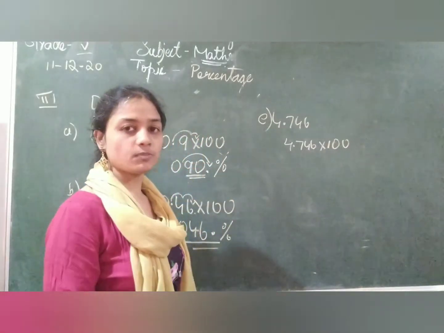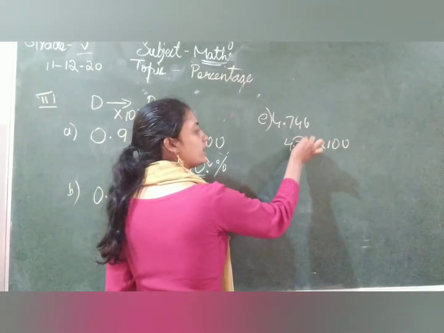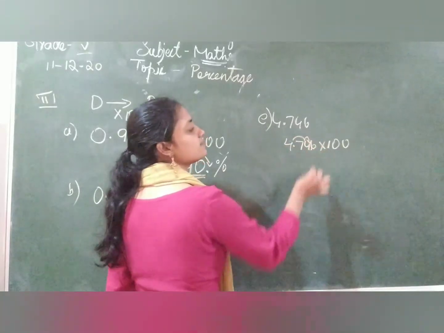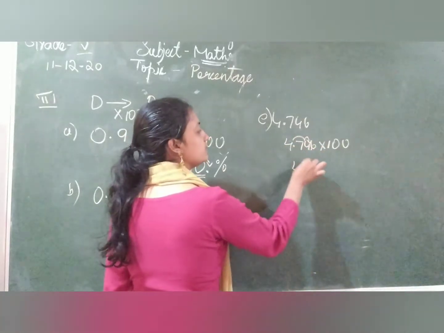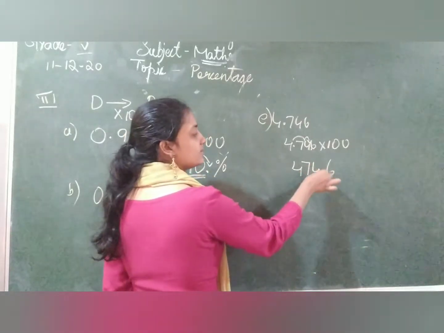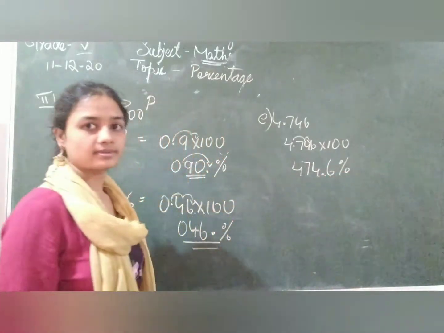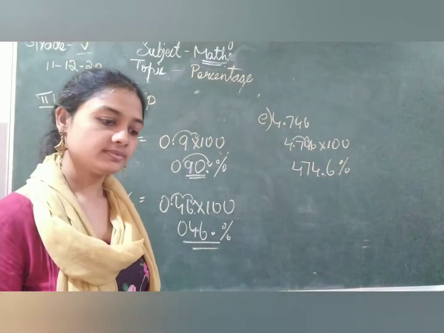I have to jump only 2 steps. I have 3 numbers here. So what do I do? 1, 2. I jump here and keep my decimal. So my answer would be 474.6%. This is the answer for the 6th one.